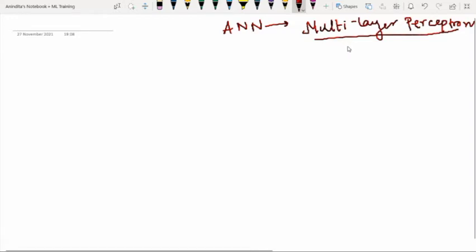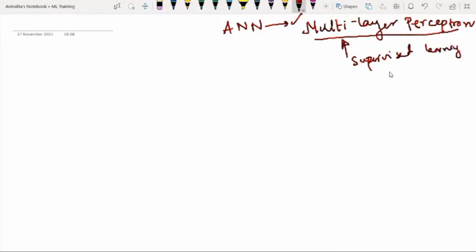Here, whenever we are doing this using ANN, it means we are performing supervised learning, or we are going to design a supervised learning algorithm. This is fixed.